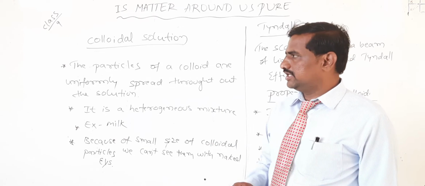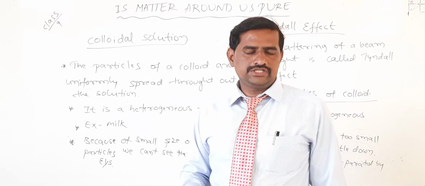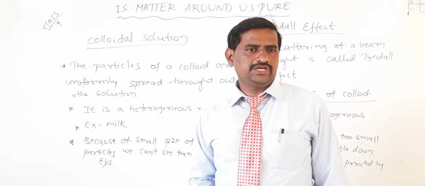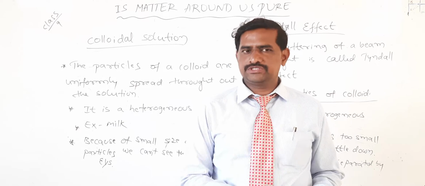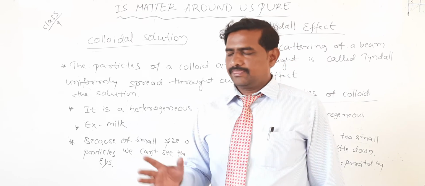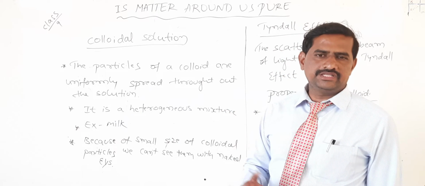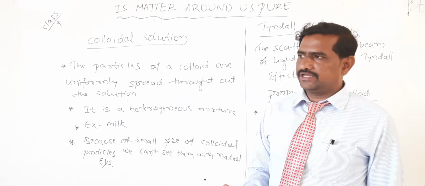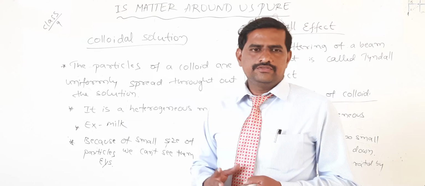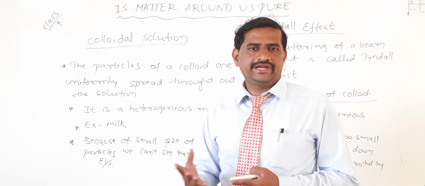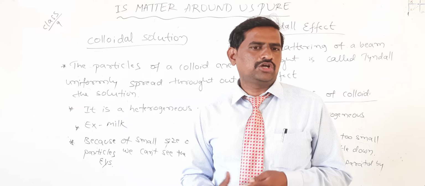A solution is an example of a homogeneous mixture. In heterogeneous mixtures, again there are two types: the suspension and the colloidal particles. So what is the difference between them? In a suspension, the particles are visible to our naked eyes, and they settle at the bottom of the tank.